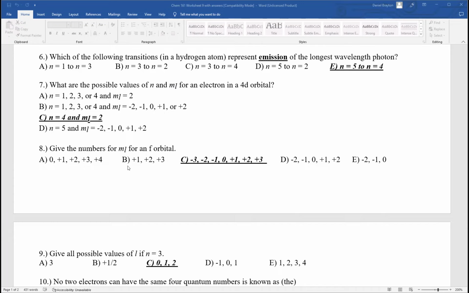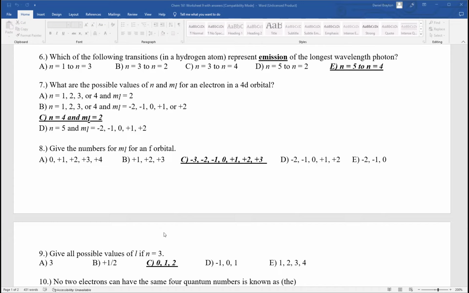And 8's more the same. So for an f orbital, it's giving you all the possible ones. Because f doesn't happen until n equals 4 in the table, and then the m sub l goes from minus 3 to plus 3, including 0.